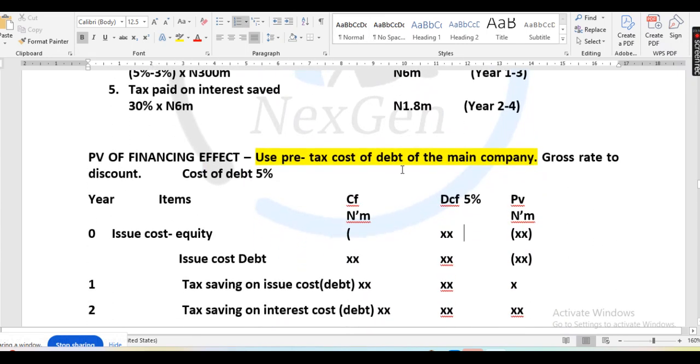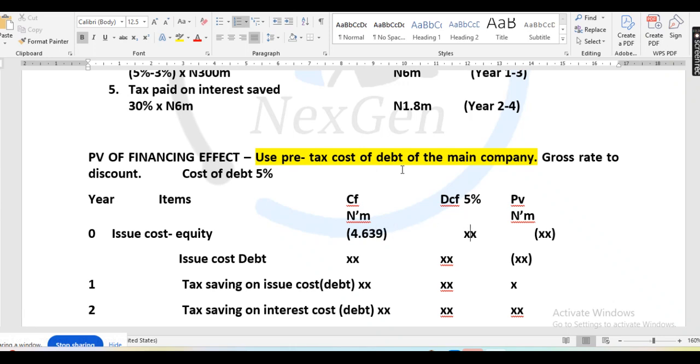So what is the issue cost on equity? 4.639. So this will be at year 0. This will be 1. So 4.639.